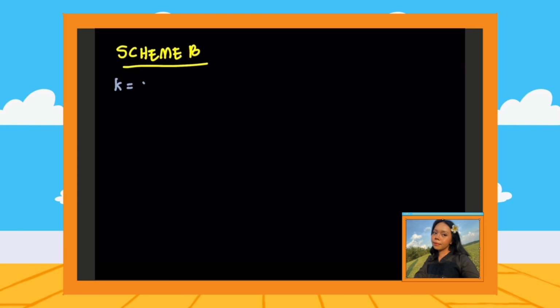We will use the same formula, but the information given will be different, which is K is 0.062, M is 2 because it is compounded semi-annually, and the I is 0.062 over 2, and the N is 13.